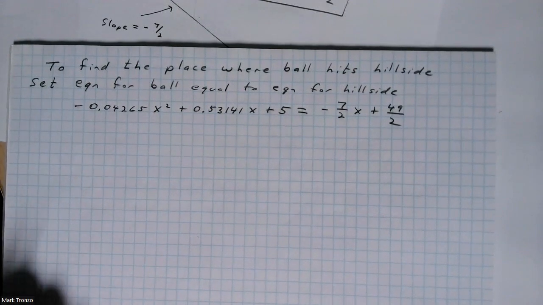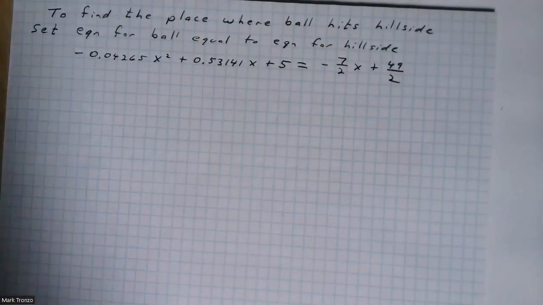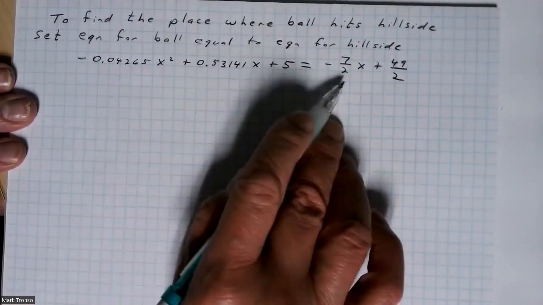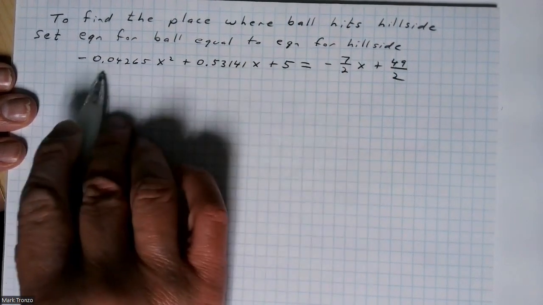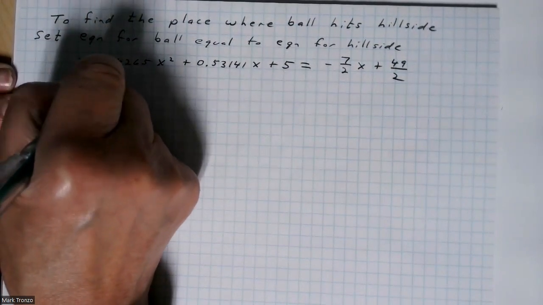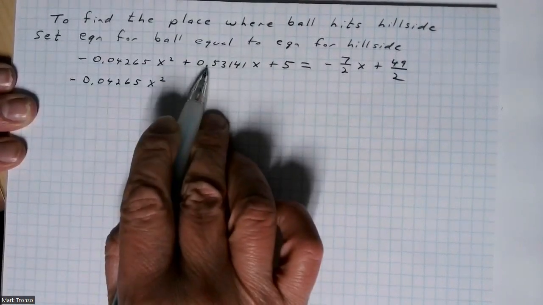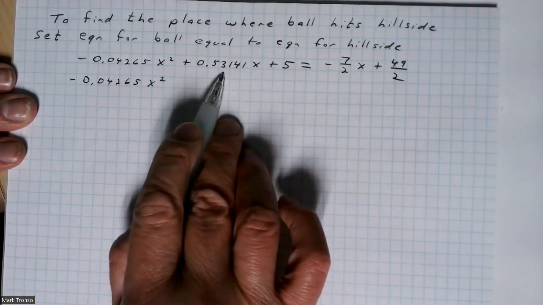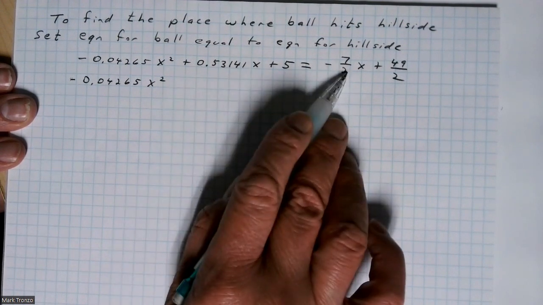Like that. And now we want to take this equation and just set it equal to 0. So in other words, we want to move everything to the left-hand side, for example, is one way to do that. So let's do that. 0.04265 x squared. Here we have an x and here we have an x, so we're going to have to move this over here. Then when we move it over, we're going to end up adding these together.